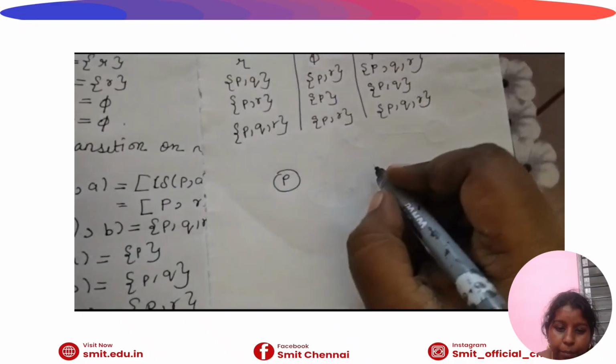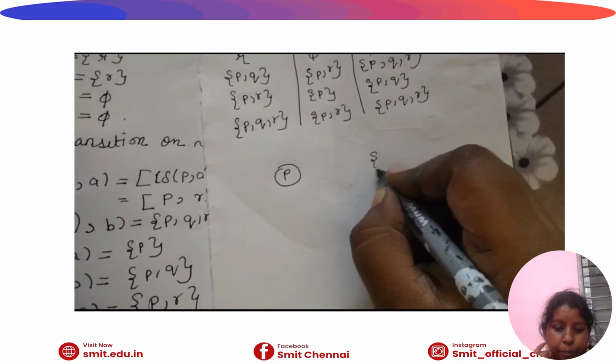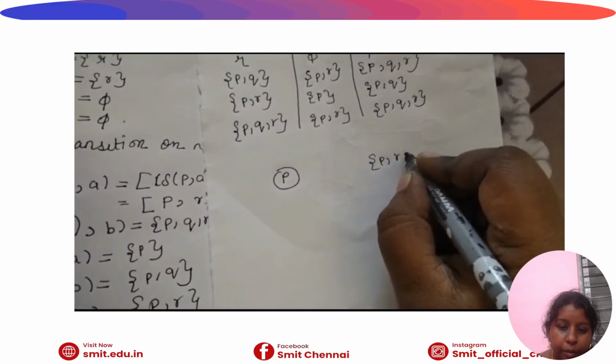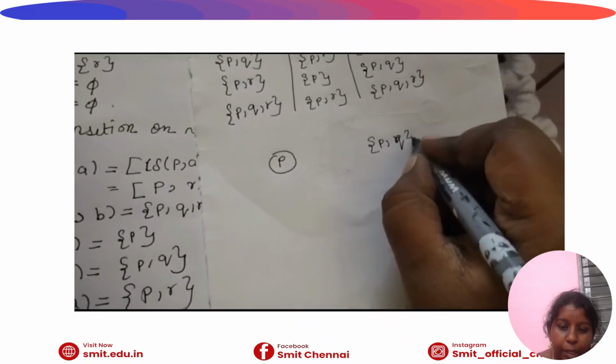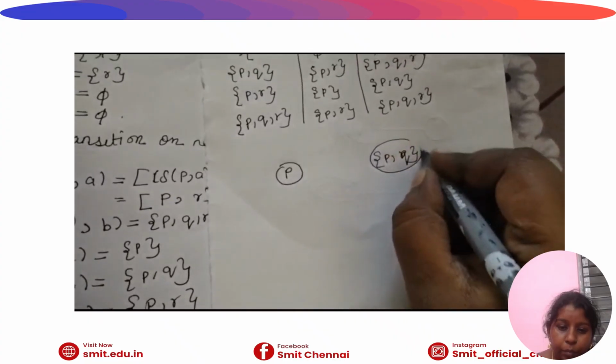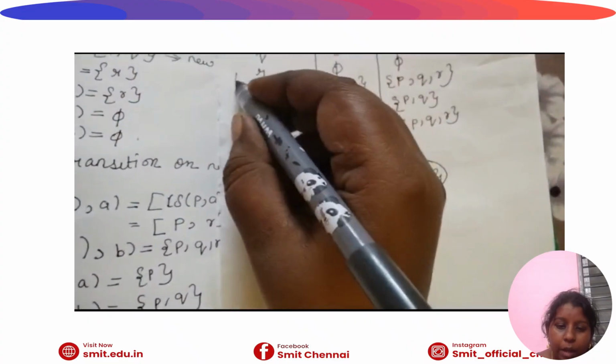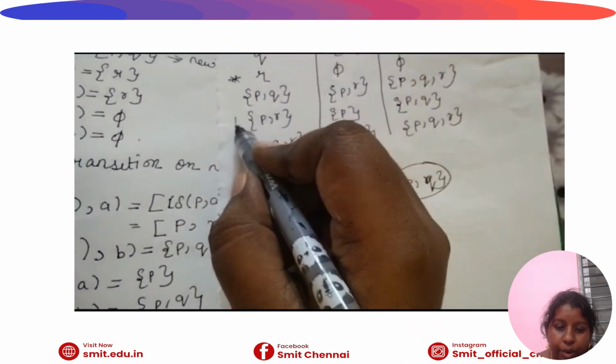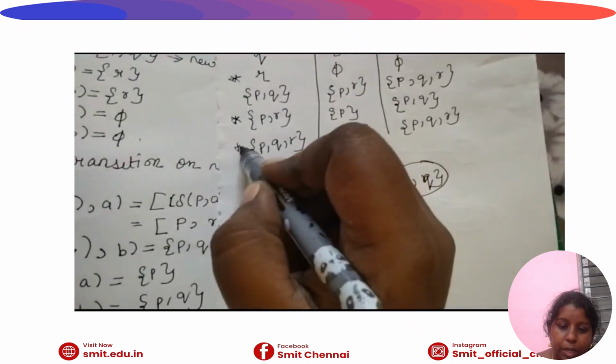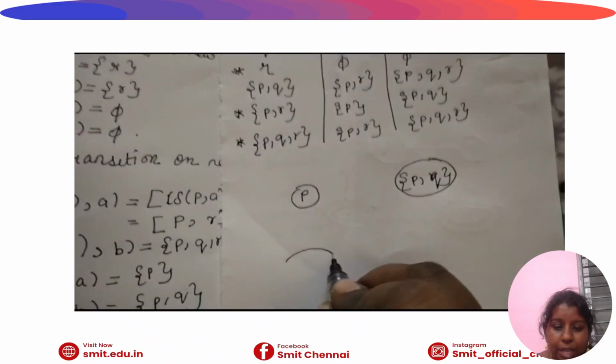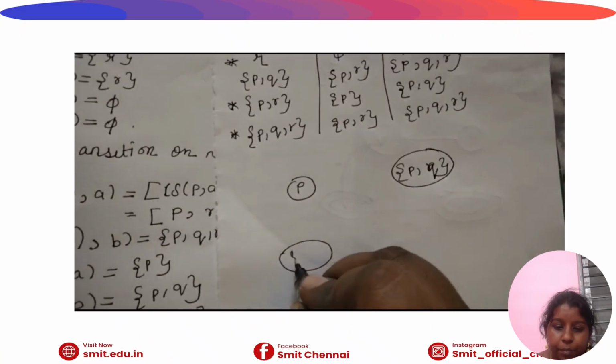P, P comma Q. Here R is the final state, so we will write P comma R as the final state, P comma Q comma R as the final state.